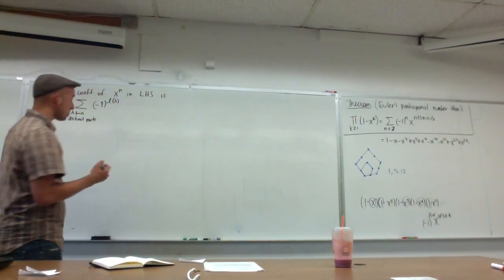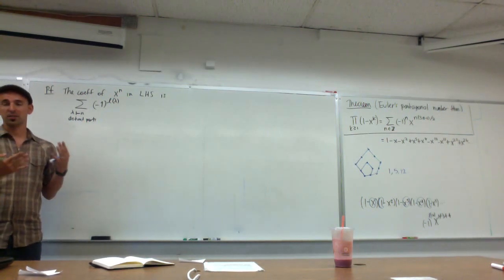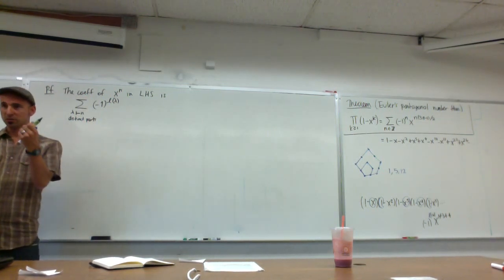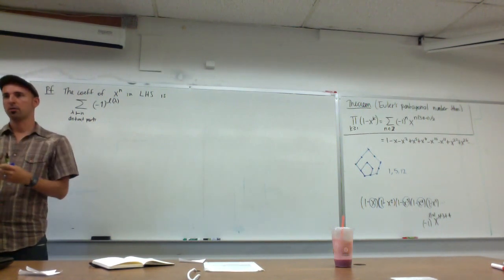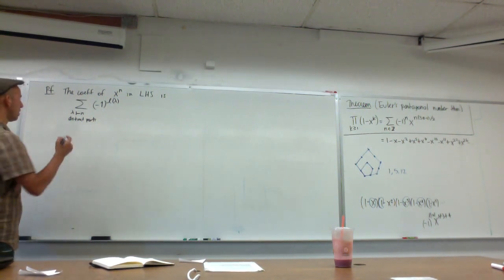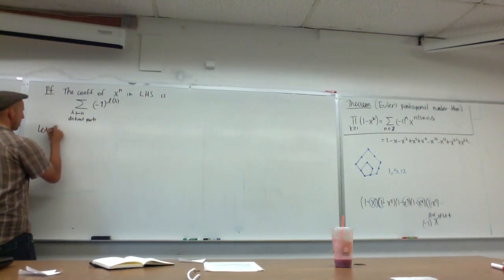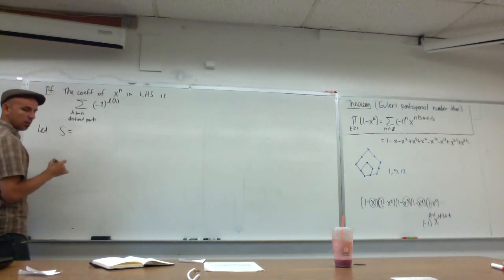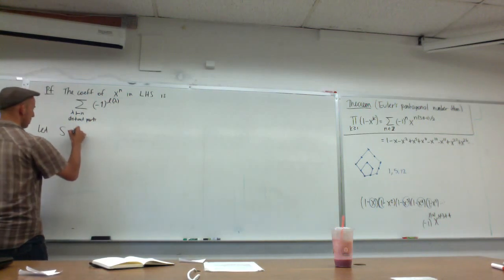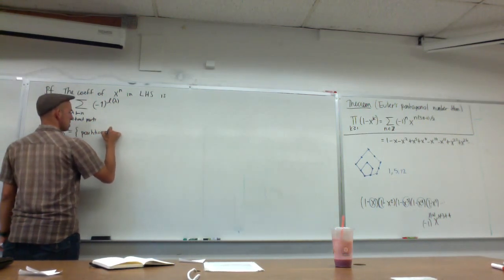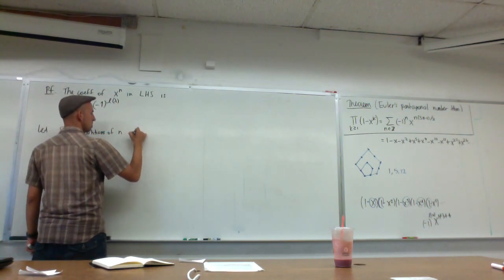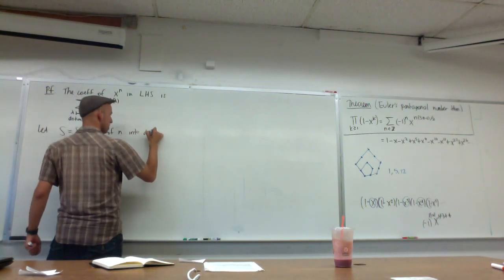So to try to show that this number is usually 0, what we could try to do is just find a bijection between the even and the odd partitions here. So let's say that S is the set of partitions of n into distinct parts.